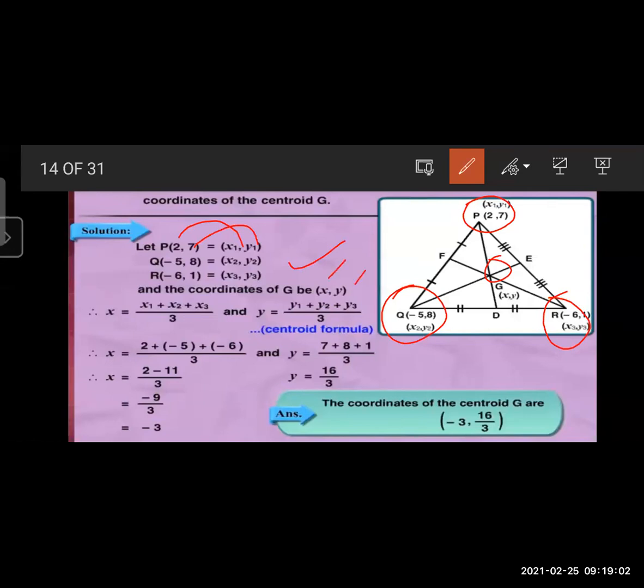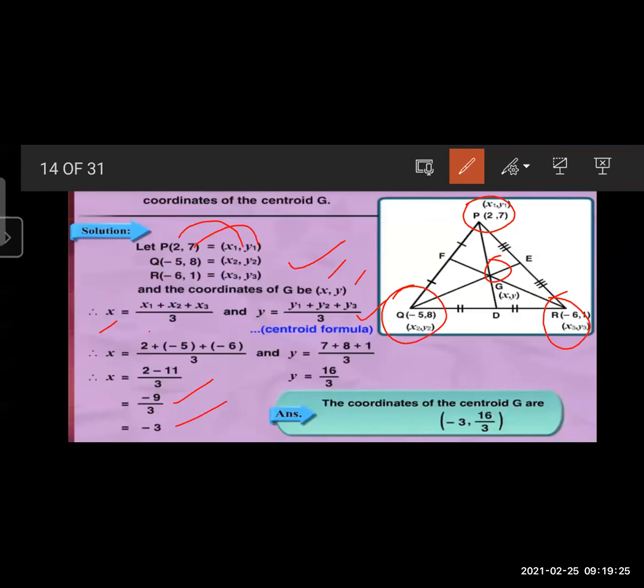So by using the centroid formula, x is equal to x1 plus x2 plus x3 divided by 3, y is equal to y1 plus y2 plus y3 divided by 3. Then substitute all the values. x1 is 2, x2 is minus 5, x3 is minus 6. So minus 11 plus 2, that is minus 9 by 3.